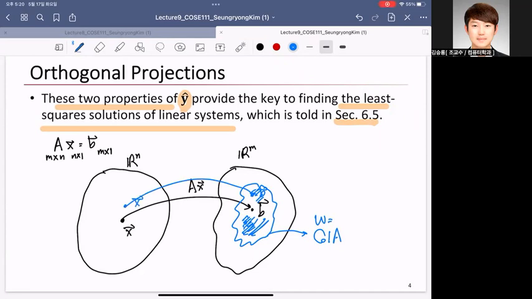So within the column space, every matrix equation Ax equals b should have a solution. I mean, for a vector b in the column space, Ax equals b should always have a solution.